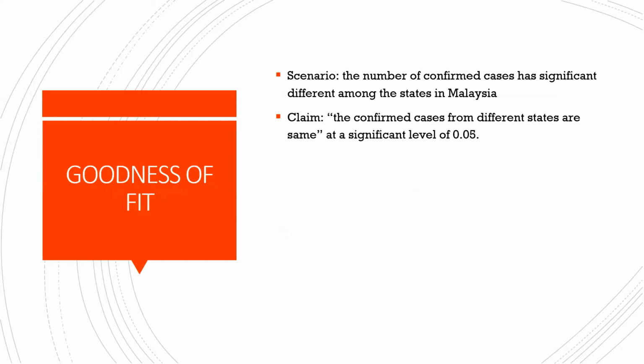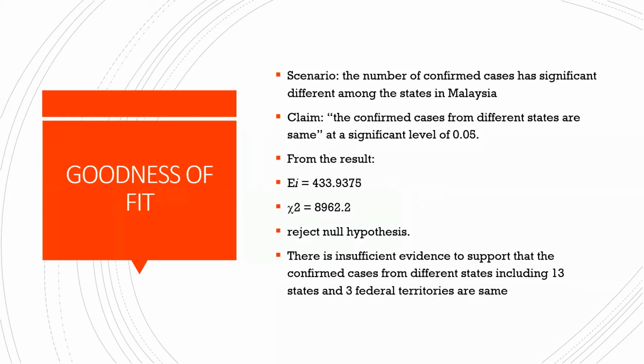The last test analysis is the goodness of fit test. We use this test to claim whether the confirmed cases from different states are the same at a significance level of 0.05. From the result, we obtain the expected value and the chi-square value from RStudio.